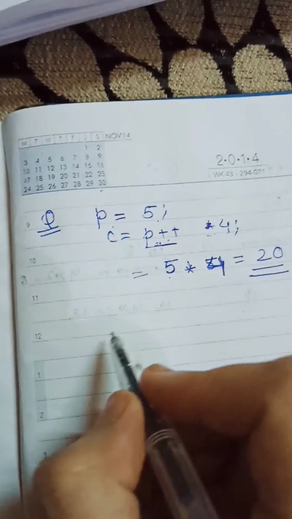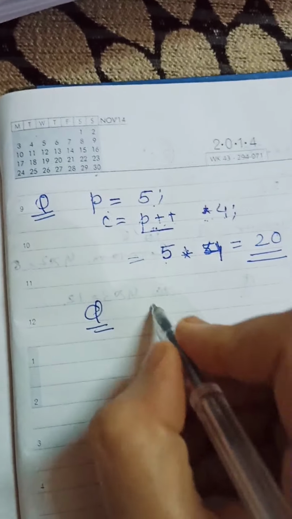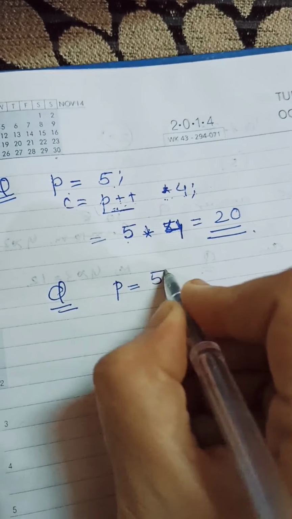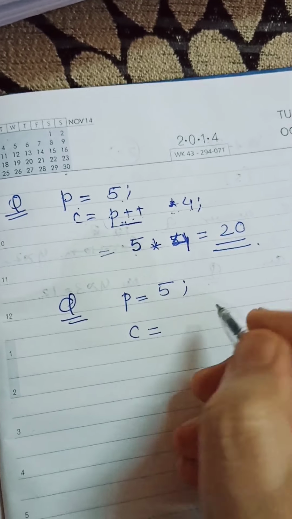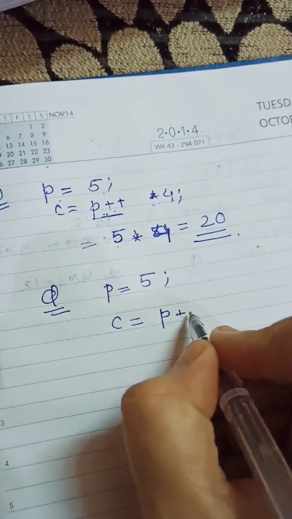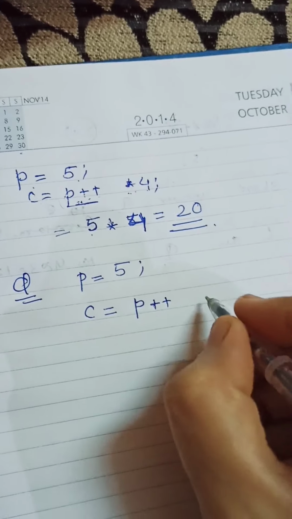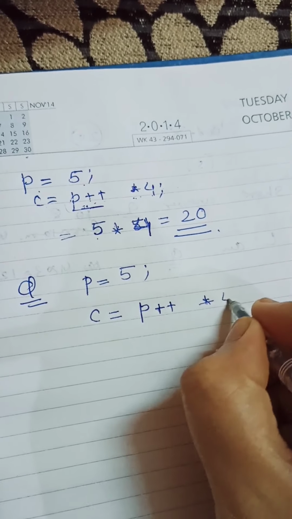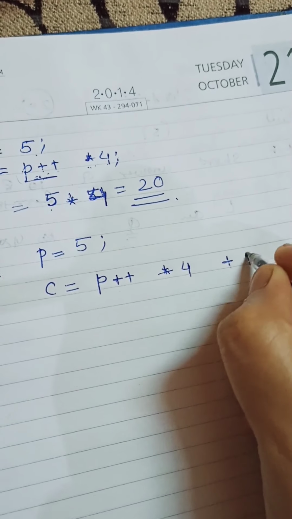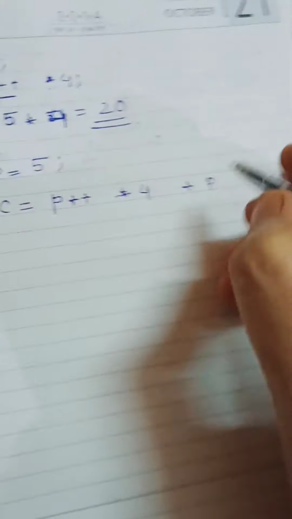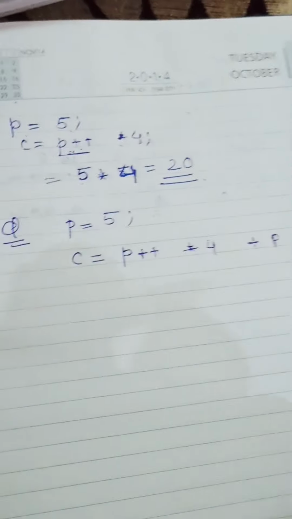So the answer will be 20. Take an example. If the value of p is 5 and I have to find the operation c, and my expression is p plus plus multiplied by 4 plus p. For example, this expression I have to calculate.